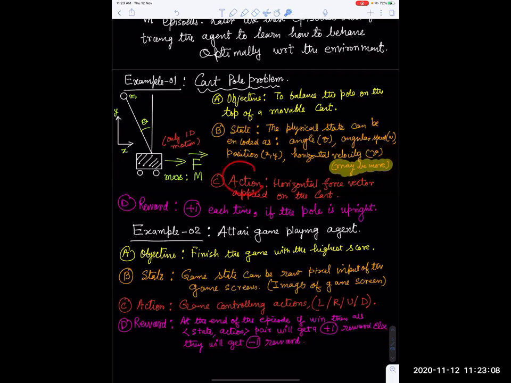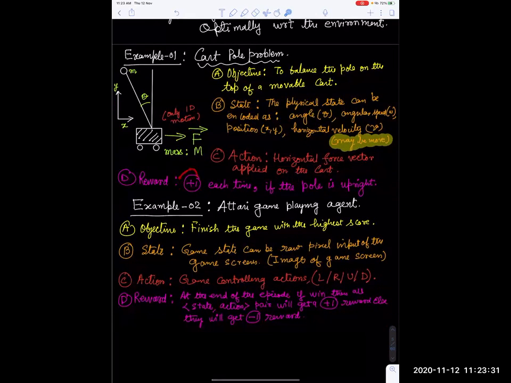What are the actions? The horizontal force that you need to apply. When the direction is fixed, you say I am going to apply only force 1, force 2, force 3, and force 4, or 5 or 6 different types of forces, all in the horizontal direction. And then the reward: for each time step, if the pole is upright, that is the reward.